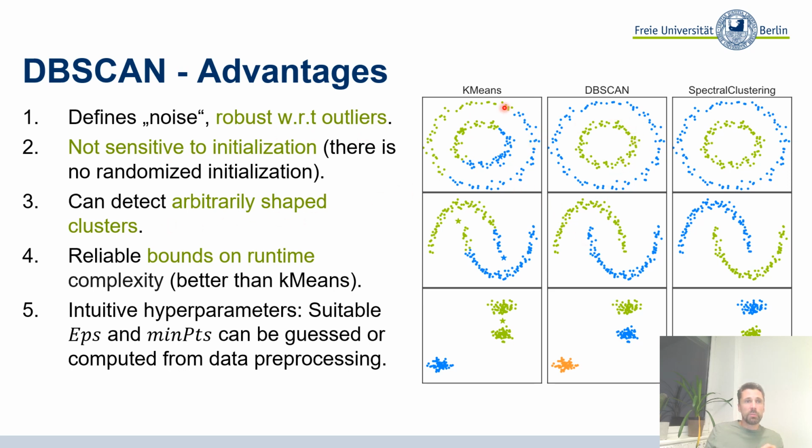Also, for example, in the first row of this figure here, you see two clusters, at least I would identify them as clusters of this circular shape. And k-means cannot identify those, but rather divides the distribution of data into two parts that do not correspond to those circles, but DBSCAN can. Yeah.